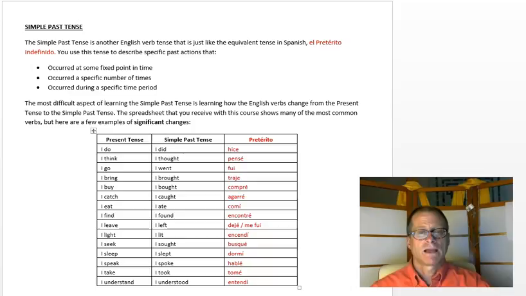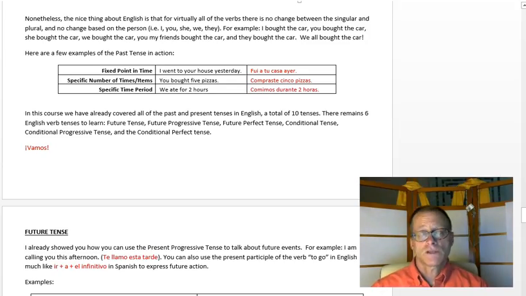Busqué. I sleep. I slept. Dormí. I speak. I spoke. Hablé. I take. I took. Tomé. I understand. I understood. Entendí. So those are some pretty significant changes between the present tense and the past tense.